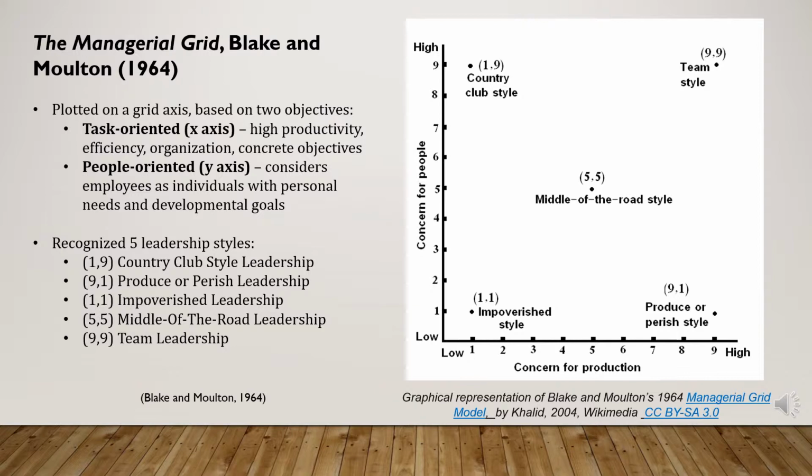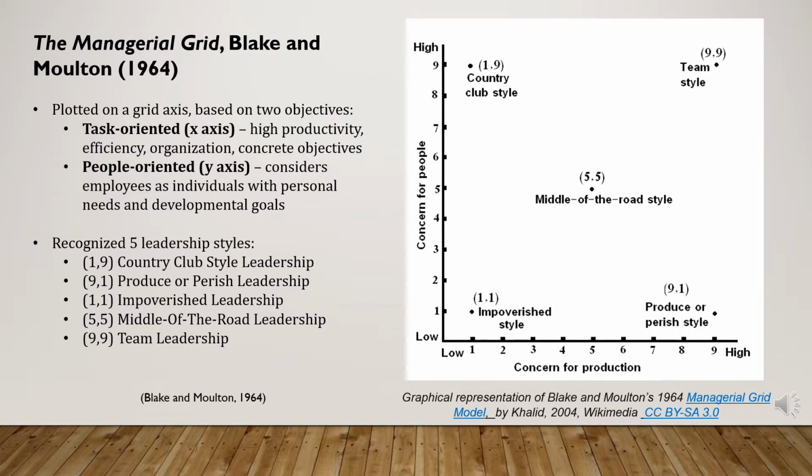On the x-axis was task-oriented leadership behavior, which was concerned with high productivity, efficiency, organization, concrete objectives, and how best to accomplish a task. For the y-axis, people-oriented leadership behaviors included considering employees as individuals with personal needs and developmental goals. They were concerned about relationships.